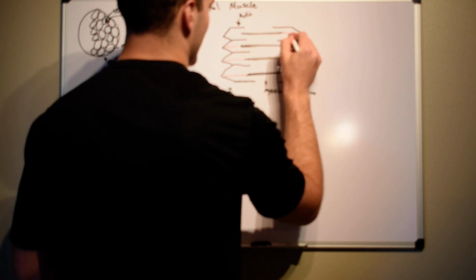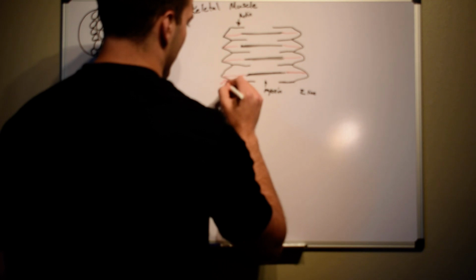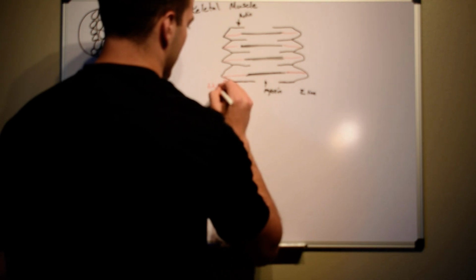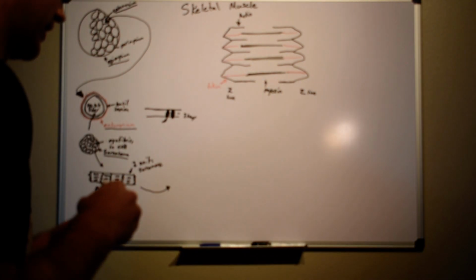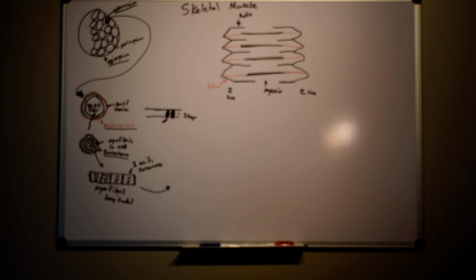All I know is it starts with a T and it's not that important. It's elastic. So that is, I don't know how to spell it, Titan, Tintin, whatever you call it. Okay? And they just function to hold the heavy chains to the Z line.